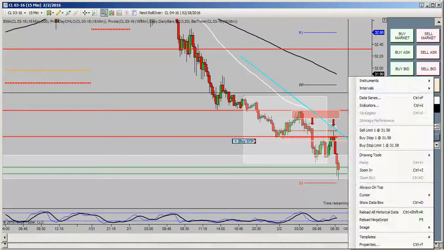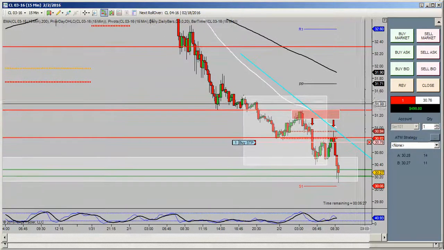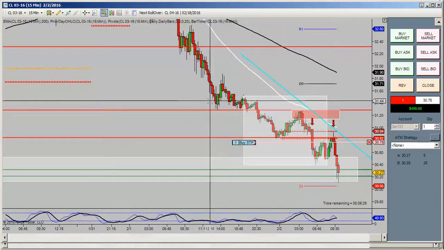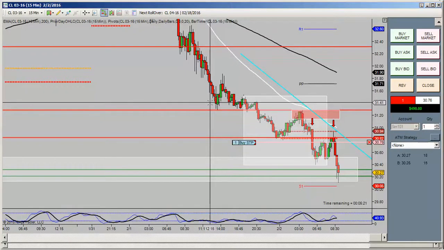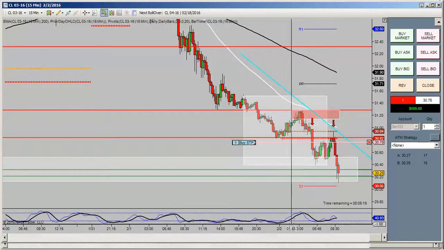And this is a great trade example because I'm going with the trend. I'm entering on a retracement, and I didn't enter until I saw evidence of selling.